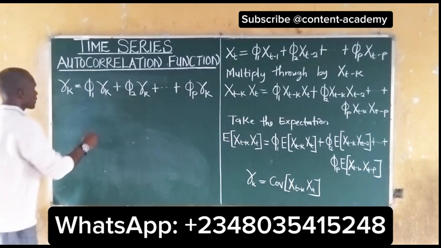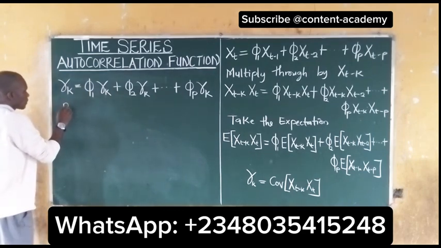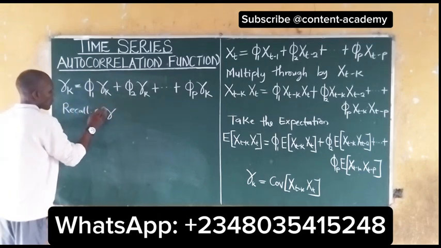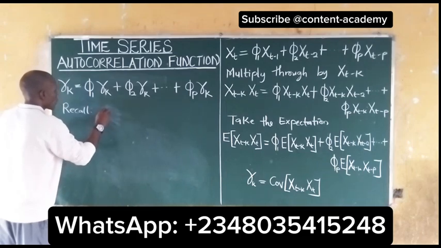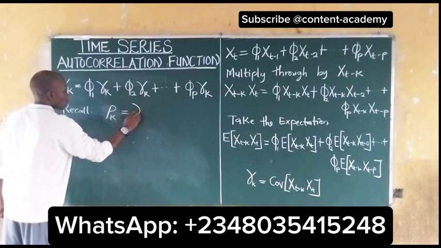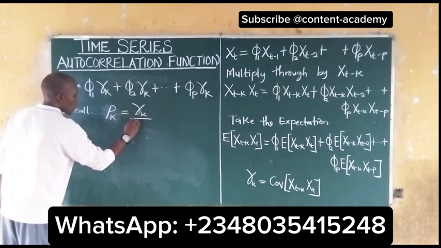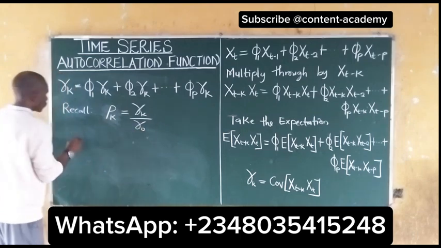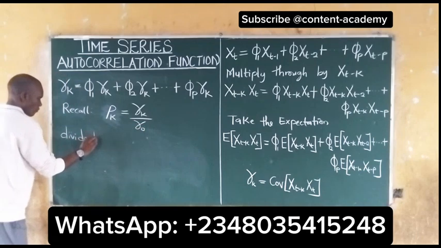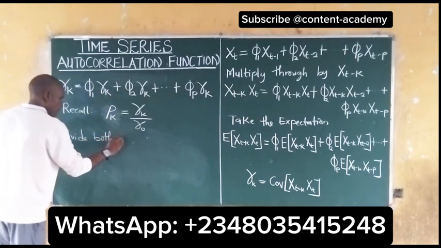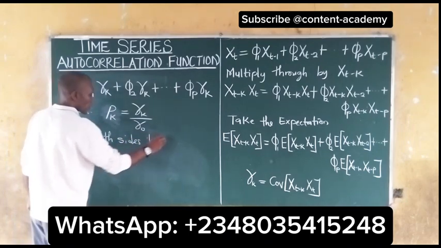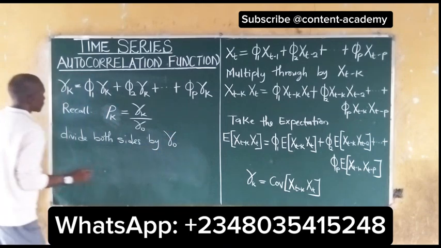But we should recall that our autocorrelation function is equal to R_k all over R naught. So we divide both sides by R naught.